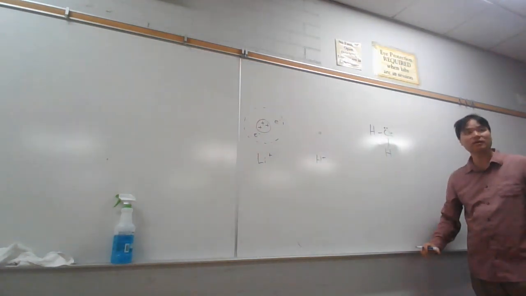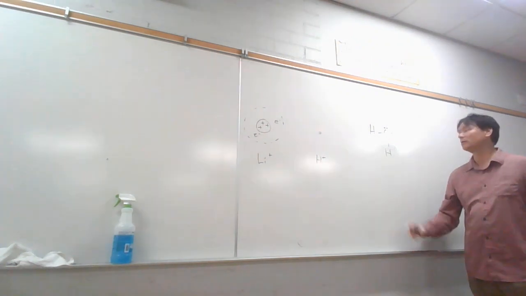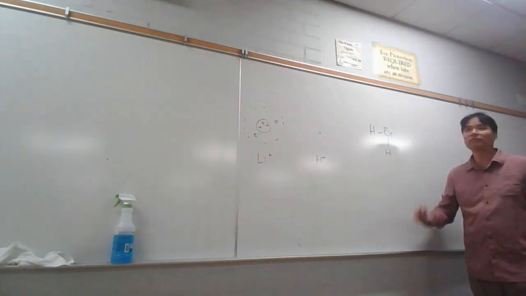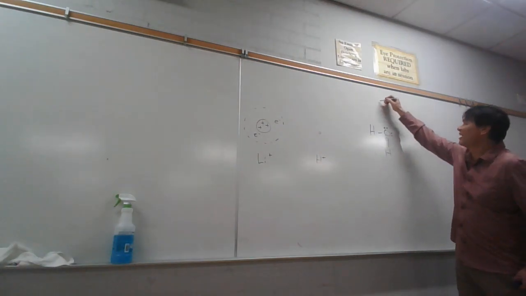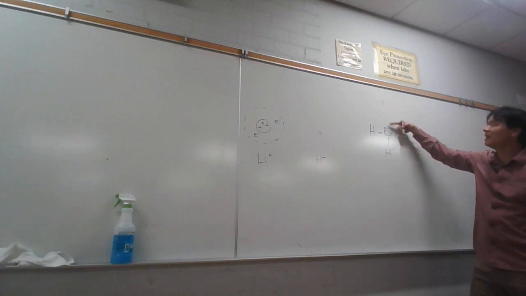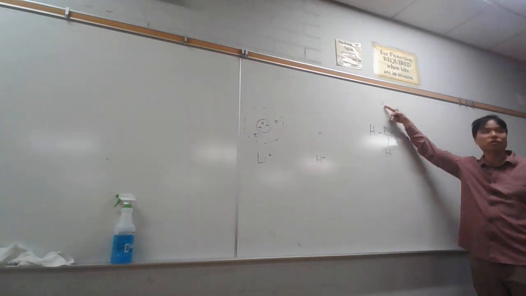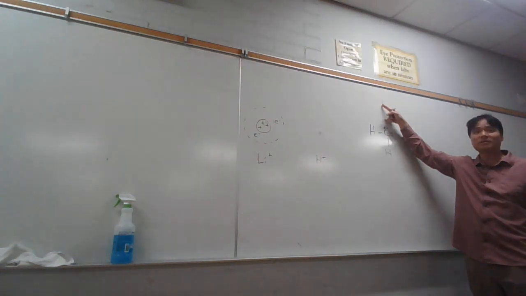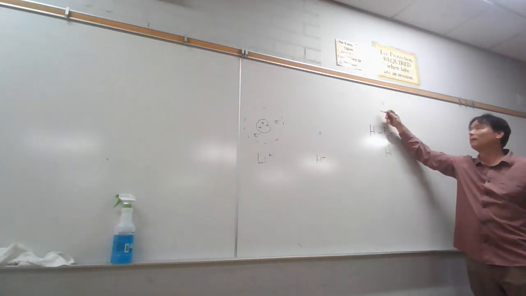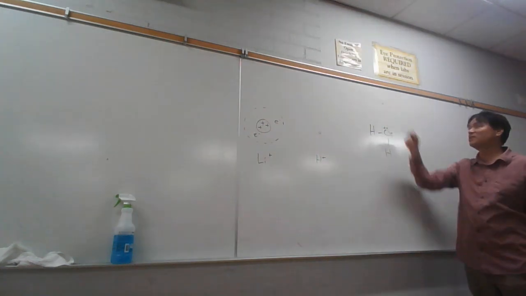How many electrons does it end up with? 8. How many does it normally have? 6 valence electrons. So it ends up with 8, normally has 6, so it has 2 extra electrons. Those 2 extra electrons give an imbalance of positive and negative charge, and we end up with a -2, because we have 2 extra electrons. Each extra electron is -1. Does that make sense? And so -2 is its oxidation state.